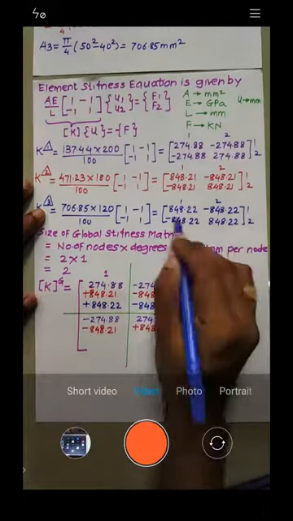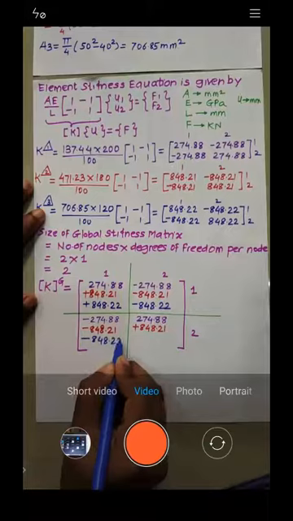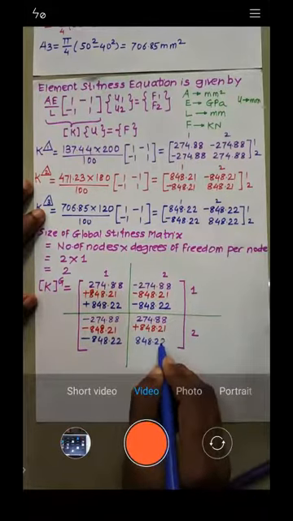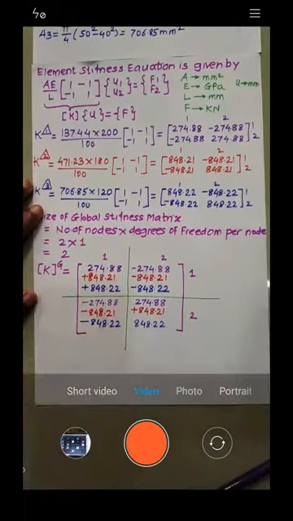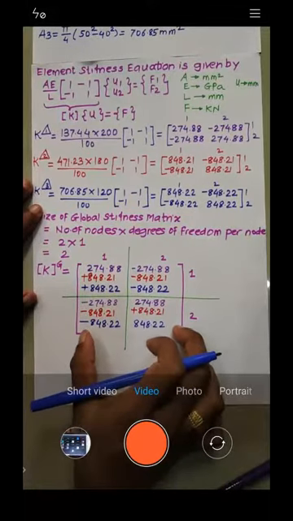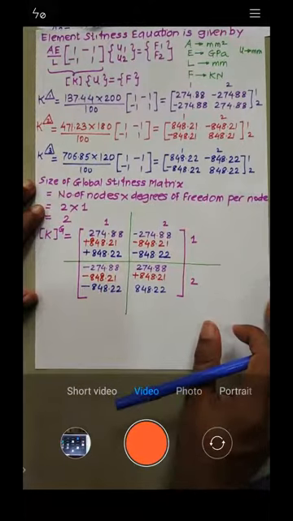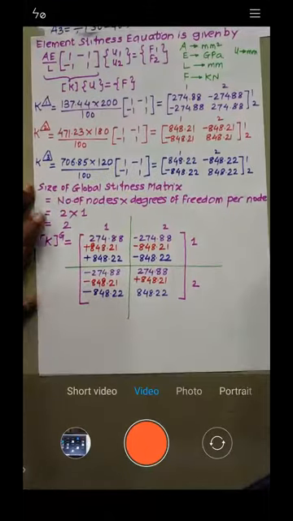Then this element minus 848.22, and this element 848.22, right? So this is what I've written. Okay, so this thing which I'm getting is nothing but your global stiffness matrices, right?